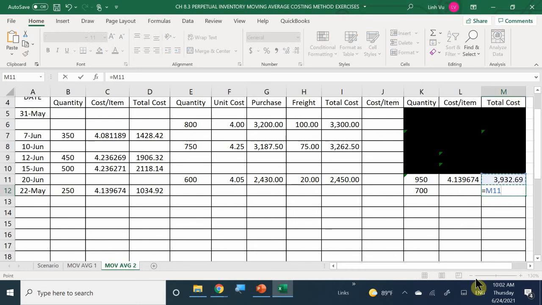And lastly, what is my new total quantity? Oh, wait, I'm not adding, I'm subtracting.